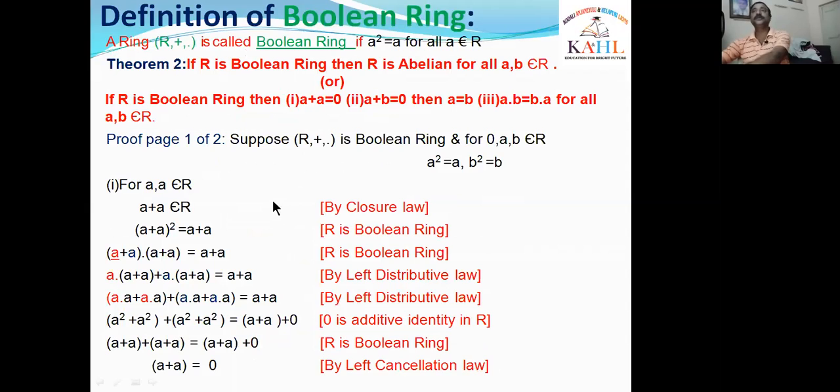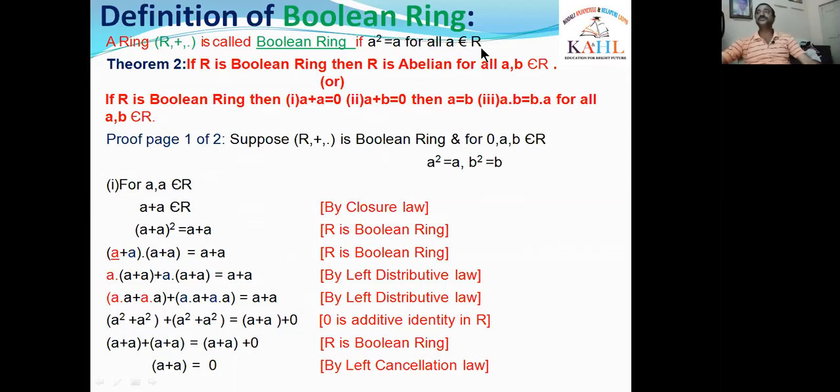After that, now we learn the definition of Boolean ring. What is a Boolean ring? A ring (R, +, ·) is called a Boolean ring if a² = a for all a belongs to R. That means in that ring R, if we take an element a, then a² is equal to itself, a.